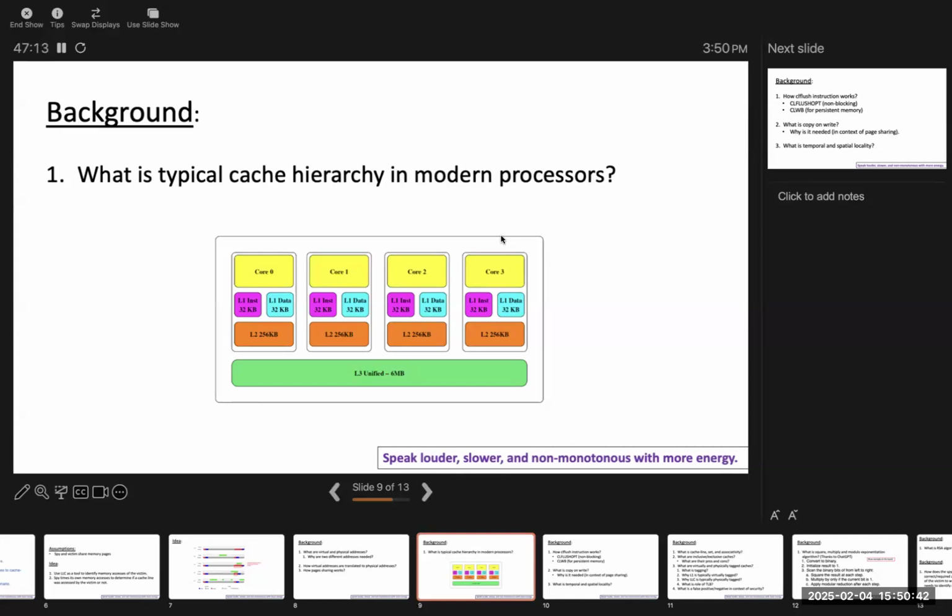If you keep the pipeline stages in your mind, when one instruction is in the decode stage or memory access stage, another instruction is in the fetch stage. In the fetch stage, that instruction is reading the L1 instruction cache, and the instruction in the memory stage is accessing the L1 data cache.